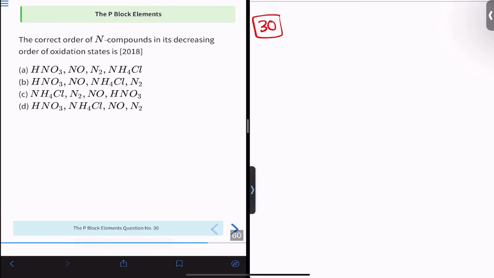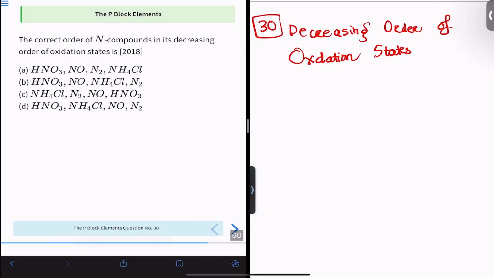Question number 30 says, the correct order of nitrogen compounds in decreasing order of oxidation states. If you see the options, they have given you four nitrogen compounds here.